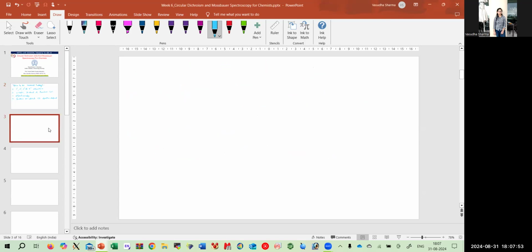As we already know, proteins are made from amino acids. The proteins are basically the polymers of amino acids.